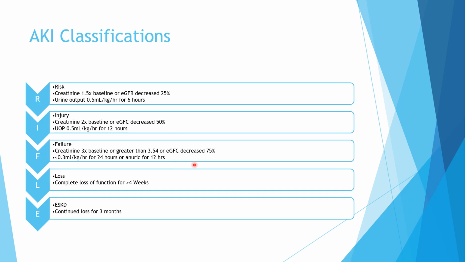Failure. So failure, we have a reduction in GFR of 75%. All right, we are 3 times the baseline of our creatinine, okay, or greater than 3.5. All right, we're having significant decrease in urine output, or we're anuric. We're not making any urine for 12 hours.